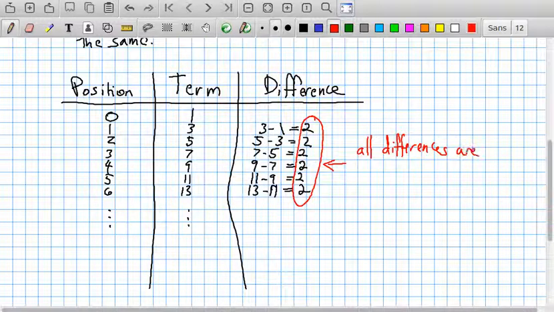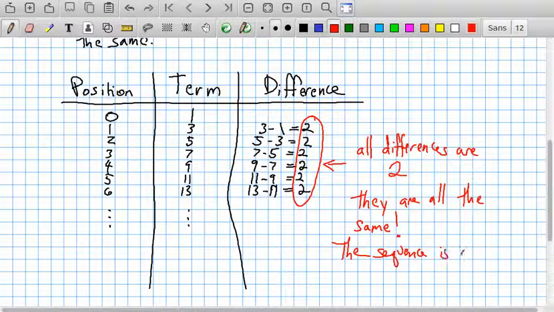All the differences are, in fact, 2. Importantly, they are the same. That means then that the sequence is arithmetic.